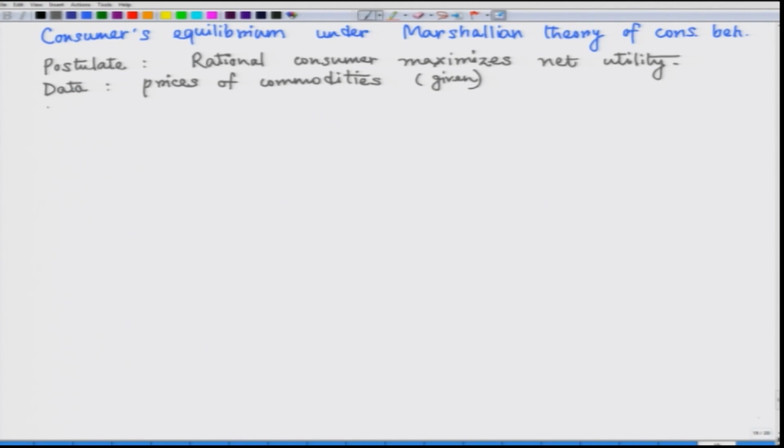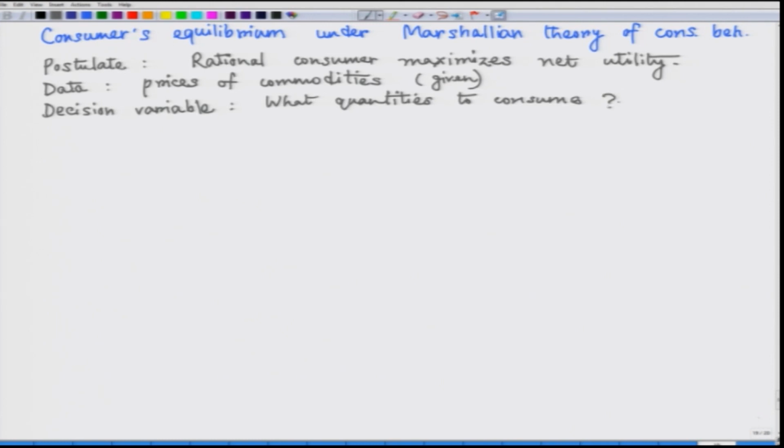Now, finally, we have this decision variable or control variable. And what are they in Marshall analysis? What quantities to consume.